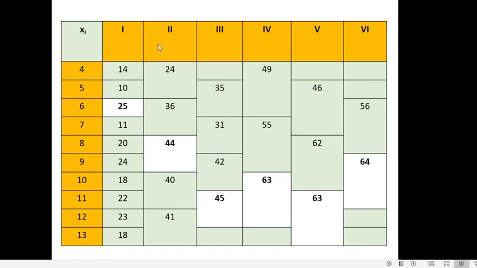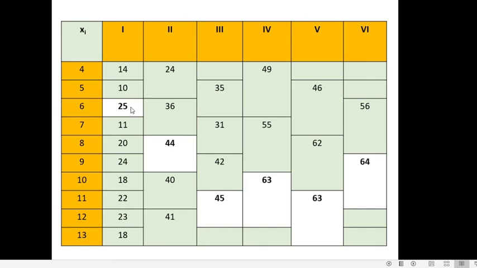So, what is column 2? In column 2, we combine the frequencies of column 1 as 2 by 2. How? Here, the first two are 14 and 10, so they are combined and written in column 2 as 24.